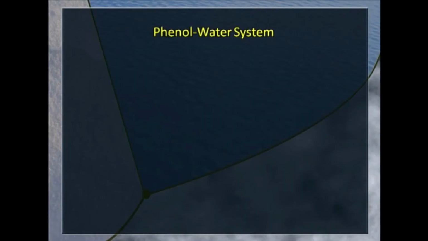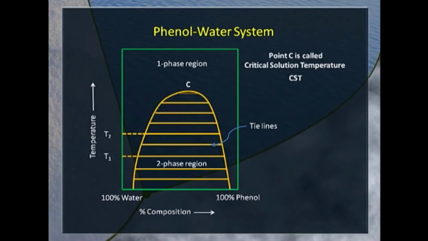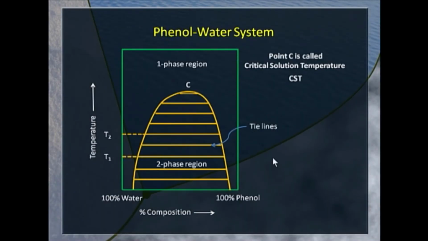In this part, we will take up partially miscible liquids like Phenol-Water System. Let us look at Phenol-Water System. The phase diagram is here.